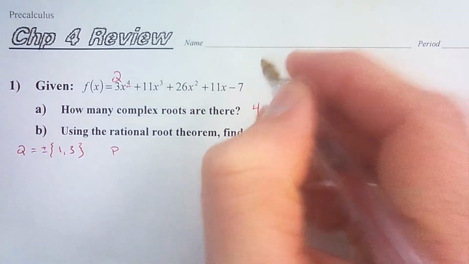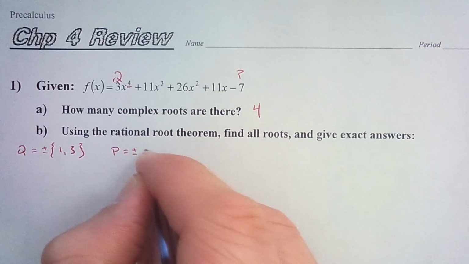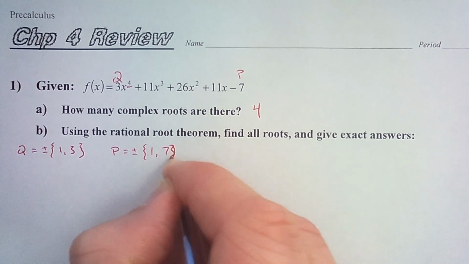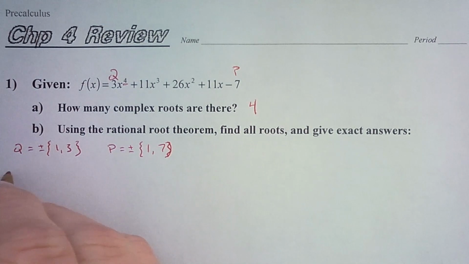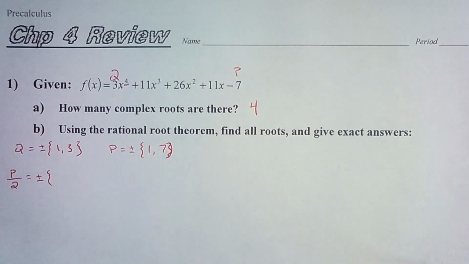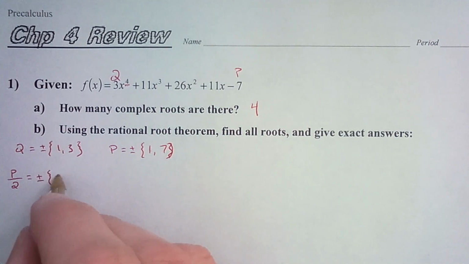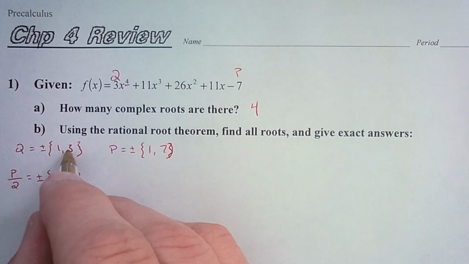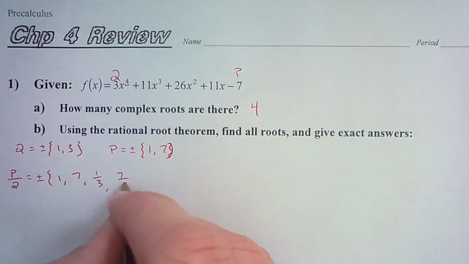Then P is all the factors of 7, so plus or minus all the factors of 7, that's 1 and 7. Okay, so now P over Q equals plus or minus the set of all the P's over all the Q's, so 1 over 1, 7 over 1, 1 over 3, 7 over 3.